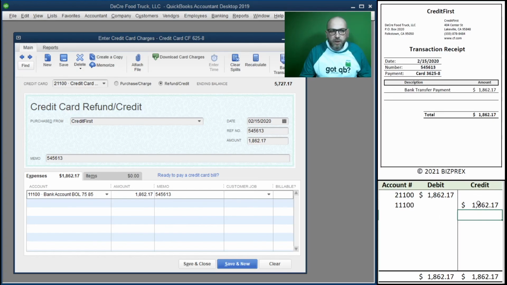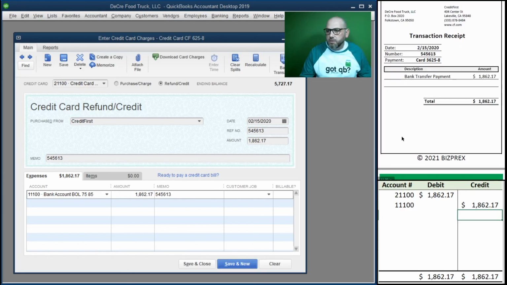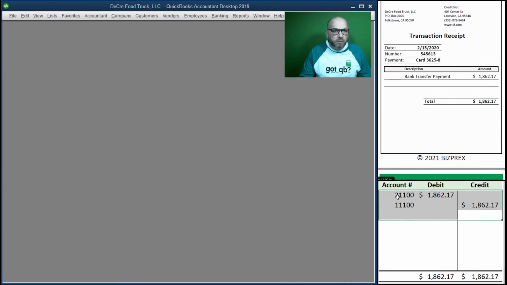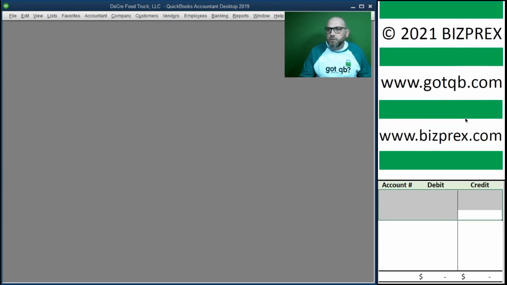So we credit the bank account, so this window is now a credit towards this account, 11,100, and therefore our bank account is reduced. The transaction is in balance, debits and credits equal to each other, and at this point we can say save and close. All right, clear this for the next transaction, and that concludes posting transactions for the month of February.